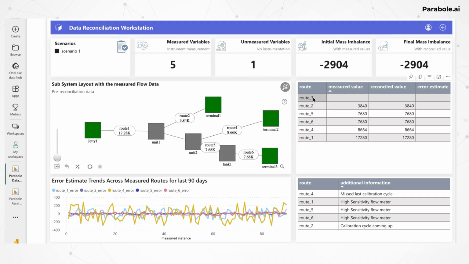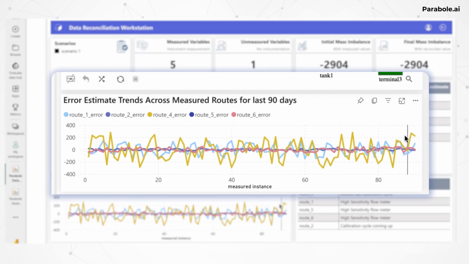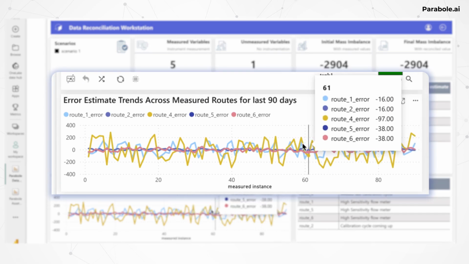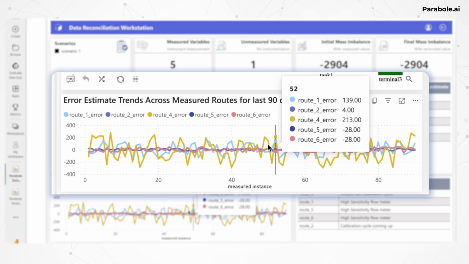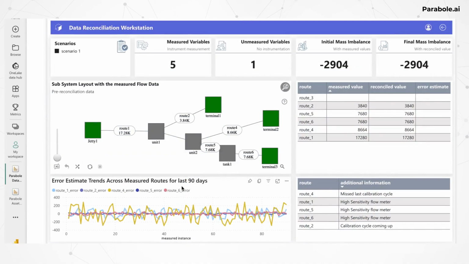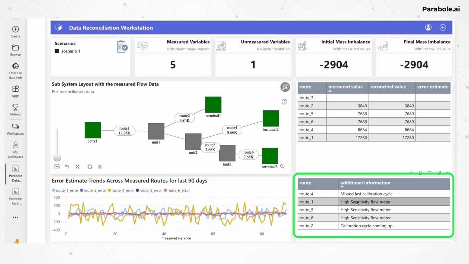So let's get a little familiar with the platform. Action 1 in the demonstration. To address the flow imbalance, I checked how both I and other experienced operators handled reconciliations. I'm looking at methods and diving into sensor details, calibration, sensitivity, and maintenance status.